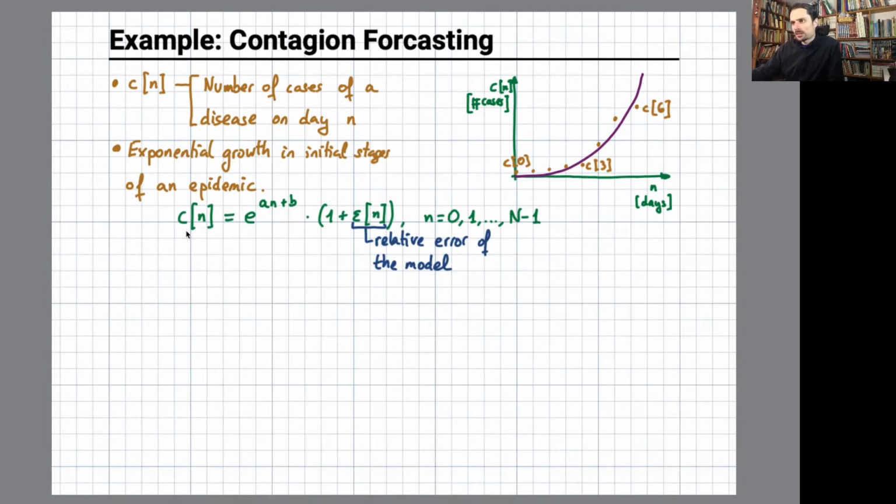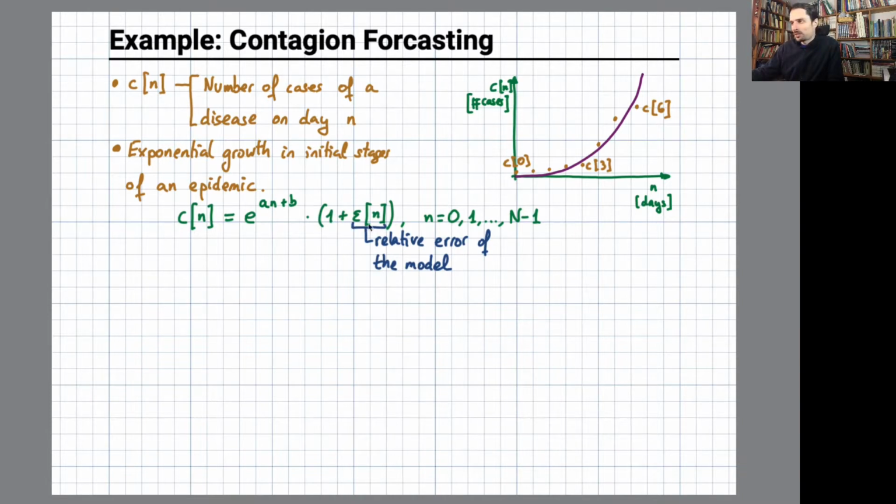Mathematically, this means that C[n] can be expressed as an exponential function. In this case, we will have these 2 parameters here, and we will also introduce some error term. We write it as 1 plus epsilon, so that epsilon quantifies the relative error.